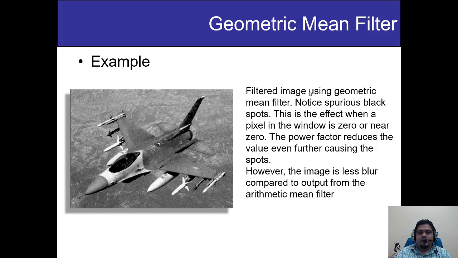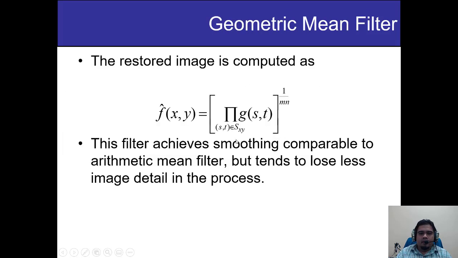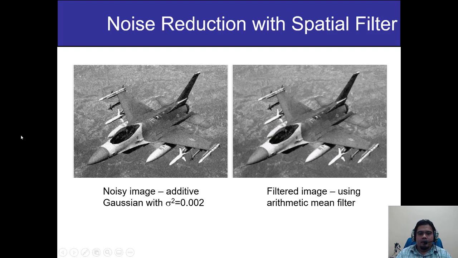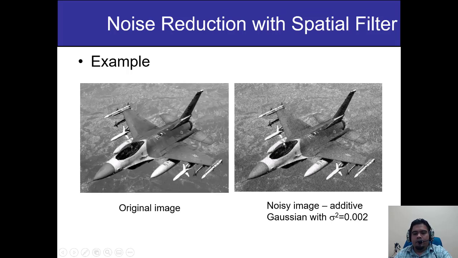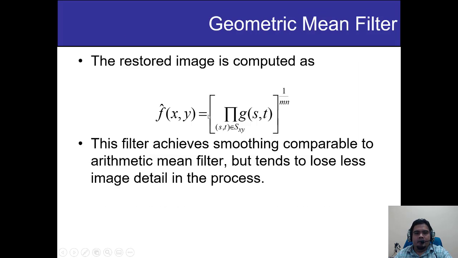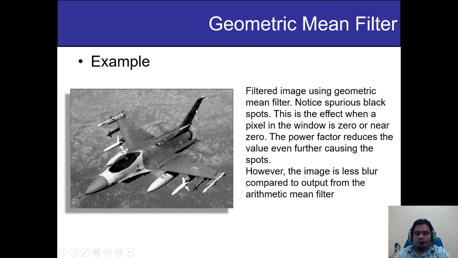But this geometric mean filter also has some disadvantages. One of the disadvantages is that if you see over here, this is the same image as this one. They are using the same image. This is the input. When you apply the geometric mean filter, you can see the difference.